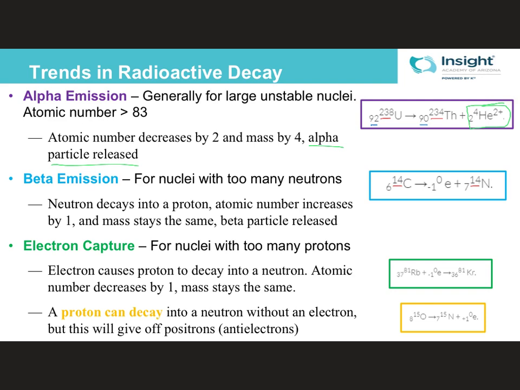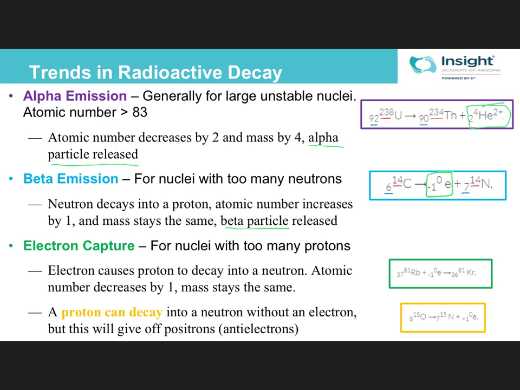But your atomic number is going to increase because now you have an extra proton. Of course, that changes the element. These give off beta particles, and that's what this symbol stands for.